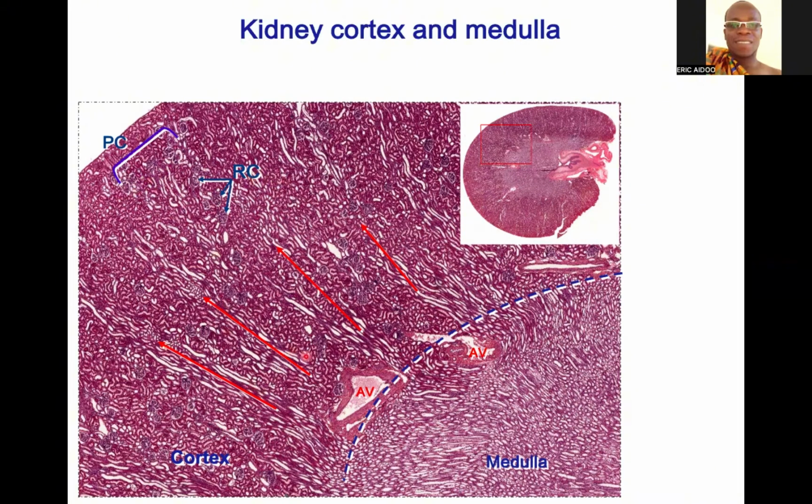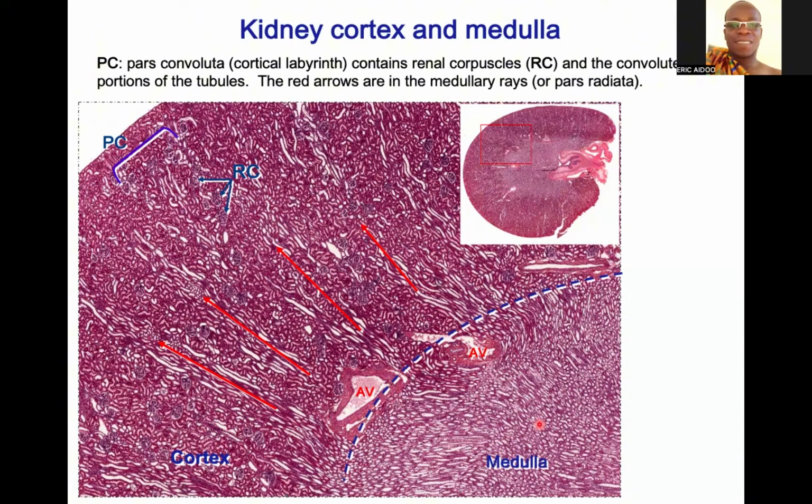Then these are the straight running collecting tubules that form the medullary rays in the cortex. The AV stands for an arcuate vessel, which is very important in demarcating the region of the cortex from the medulla, usually. So the pars convoluta or cortical labyrinth contains the renal corpuscles and the convoluted portion of the nephron.